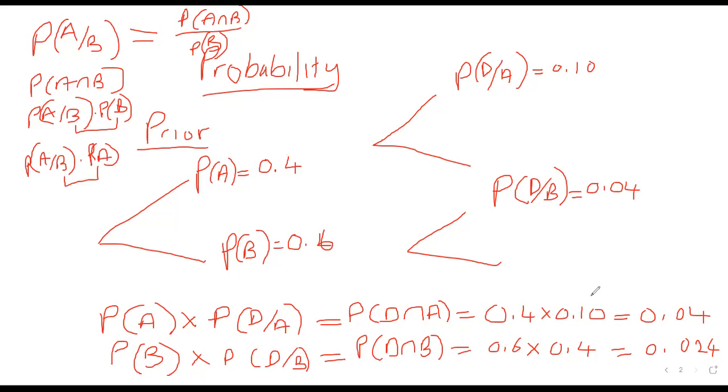We multiply these two. Then when we are adding these two, the probability of D intersection A plus the probability of D intersection B, to get the common letter, this is called theorem 2.